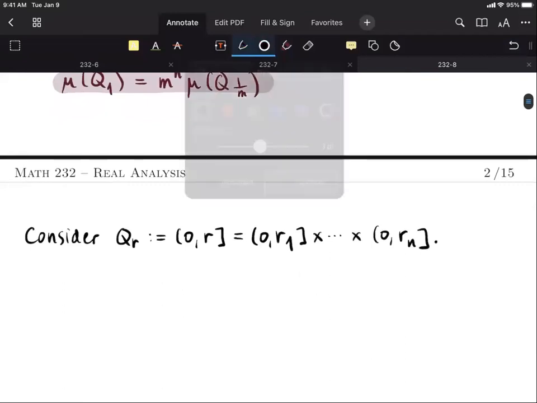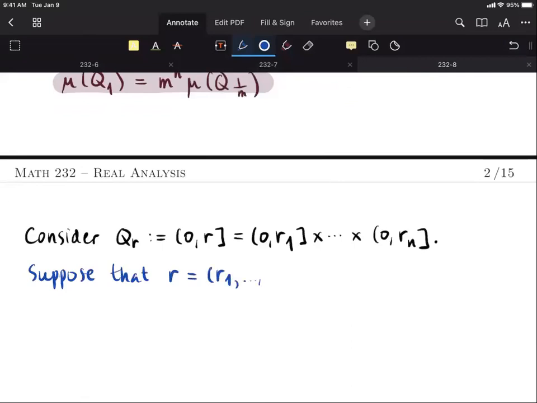So first, let us consider the case where this vector r, having the components r1 to rn, are all rational. Of course, r sub k is positive for k from 1 to n.